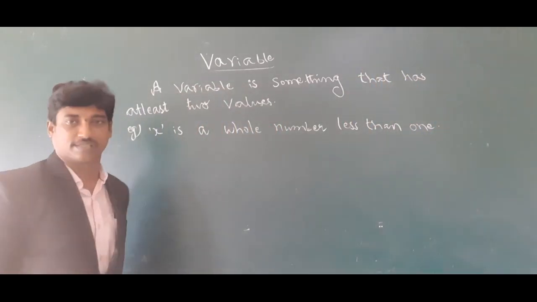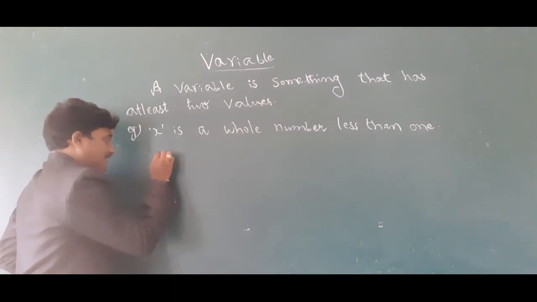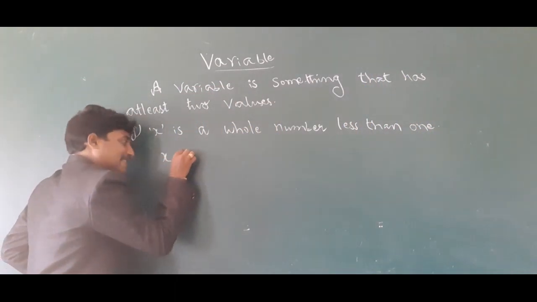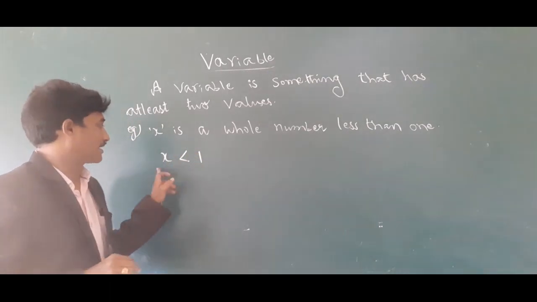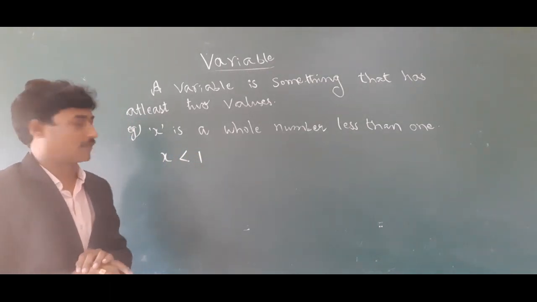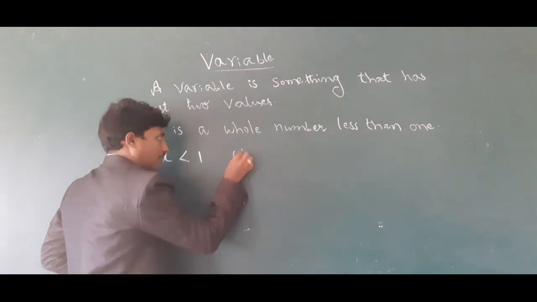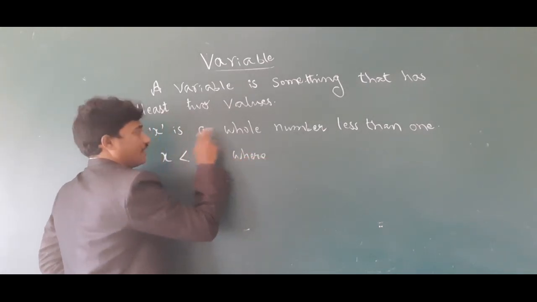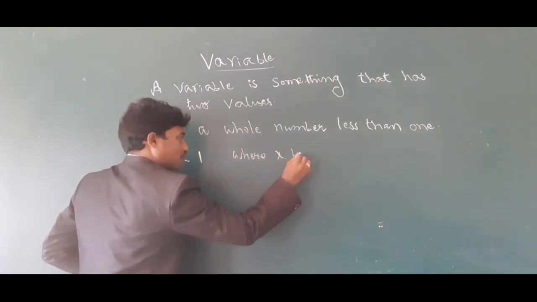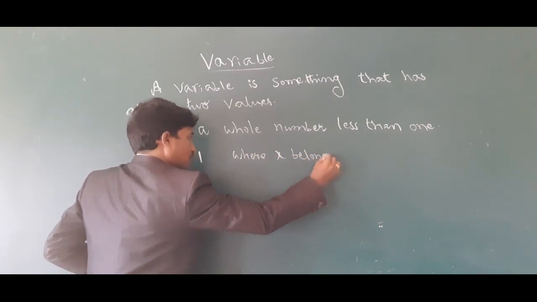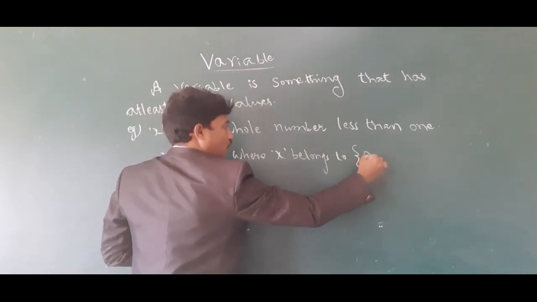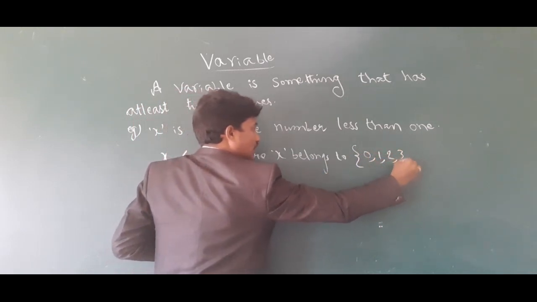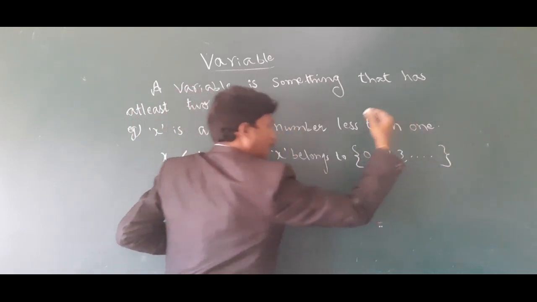Let us observe this example. x is a whole number less than 1. I wrote it symbolically: x less than 1, where x is a whole number. x belongs to the set of whole numbers 0, 1, 2, 3 and so on.